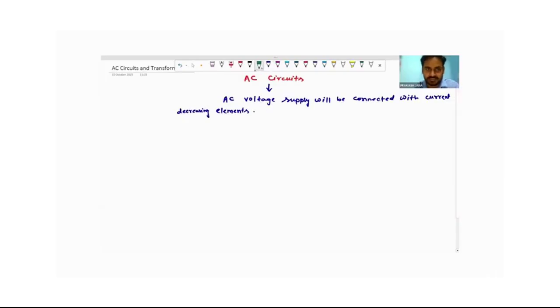elements. For example, current decreasing elements like resistor, capacitor, inductor.